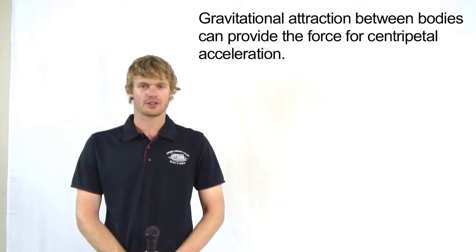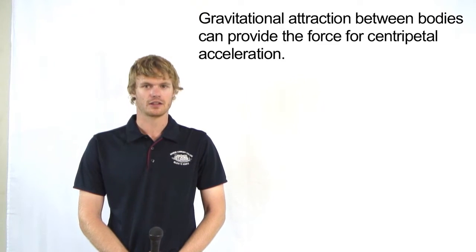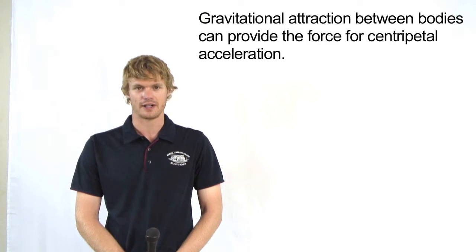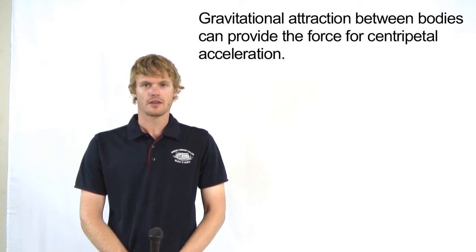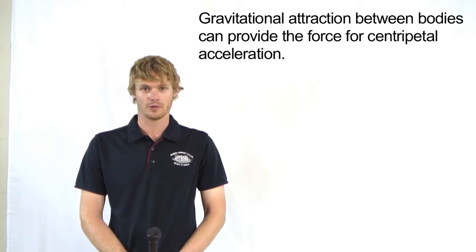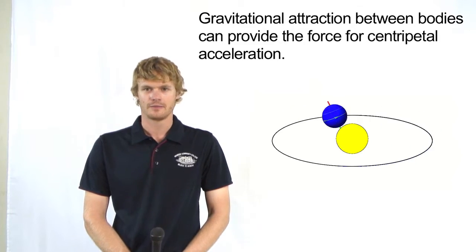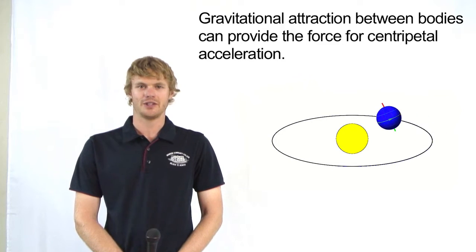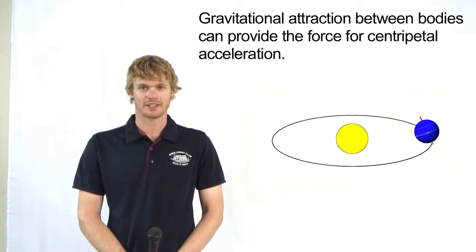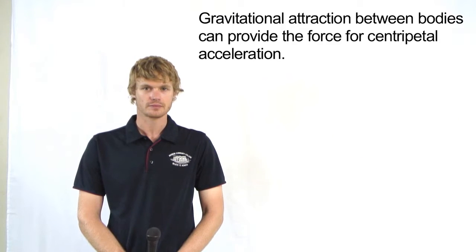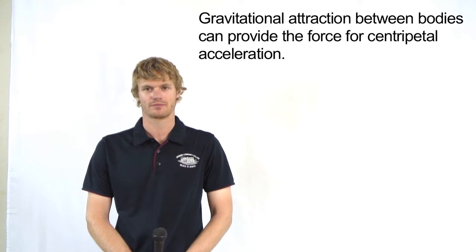Another force that leads to a centripetal acceleration is gravitation. Gravity, or the force of gravity, can cause an object to move around a circular path. Think about the moon and the earth, or the earth and the sun. The moon is orbiting around the earth. This is caused by gravitation. The earth is moving around the sun. That's caused by gravitation.